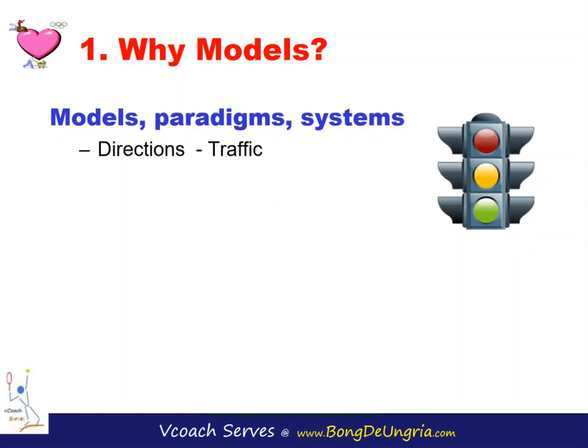Nevertheless, despite the limitations of this model, a traffic light can literally stop thousands of vehicles on fast highways just with a change in color. And this is possible only because the traffic light model and system is easy to understand, easy to remember, and a model that works.